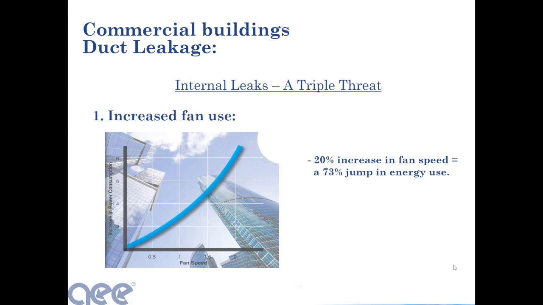So what does that mean as a design engineer, as a facility engineer? If you increase the fan speed in your air handling units to overcome even a 20% duct leakage, you're going to increase the power required for that HVAC system to go up over 75%. That's the penalty you pay every day if your duct systems leak even a little bit. It's a huge amount of energy waste.